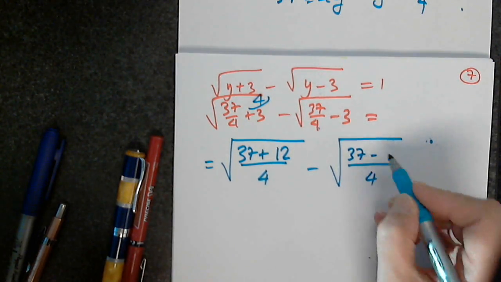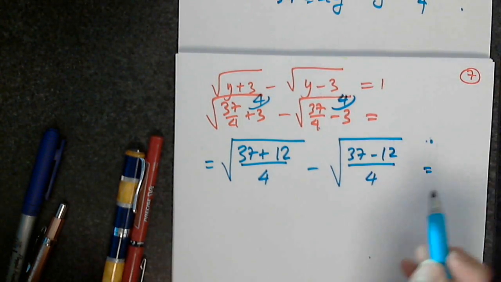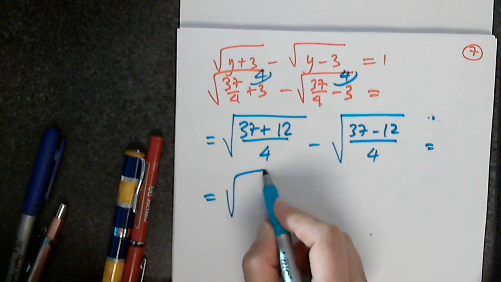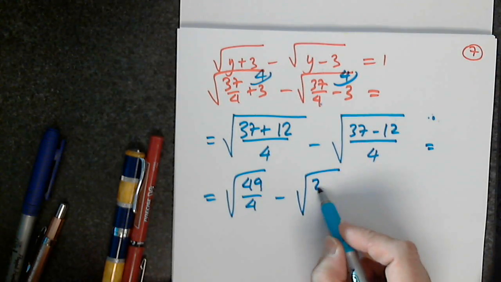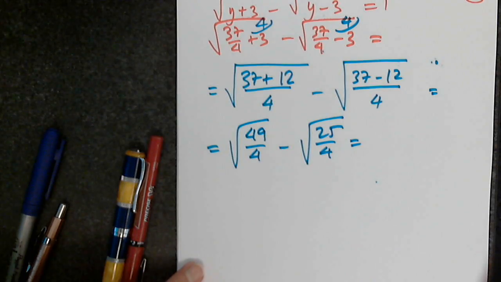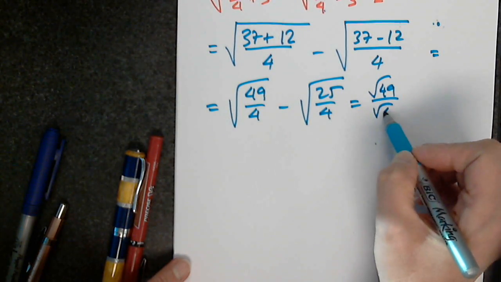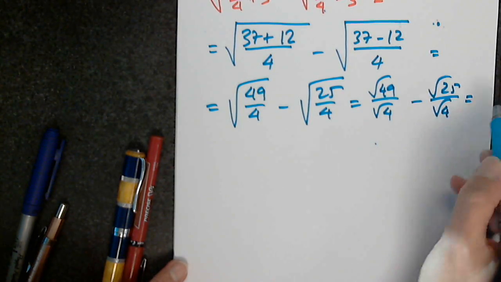So this will be 37 minus 12. Perfect. So 37 plus 12 is 49. 37 minus 12 is 25. I know how to split this. This is the square root of 49 I learned in this chapter over the square root of 4 minus the square root of 25 over the square root of 4.